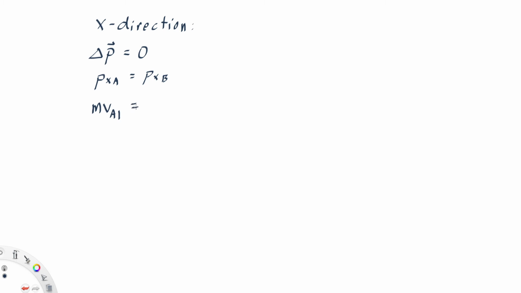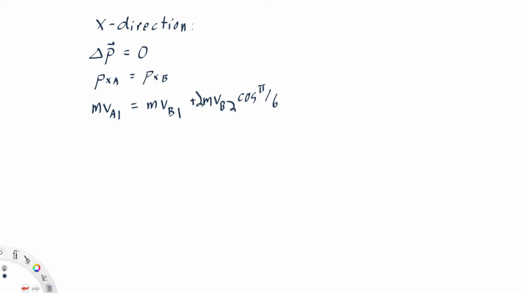After the collision, we have mvb1. So we expect that the first ball is still going to retain some velocity. We have the x velocity of the second ball. And actually, since we determined that the velocities of ball 2 and 3 after the collision were equal, we can just slap a 2 in here, right?